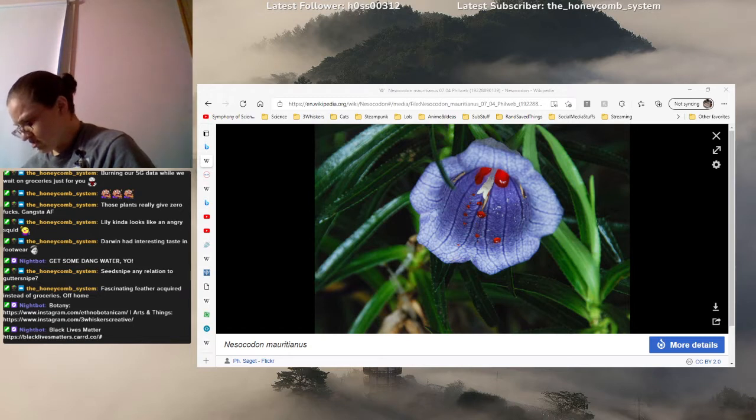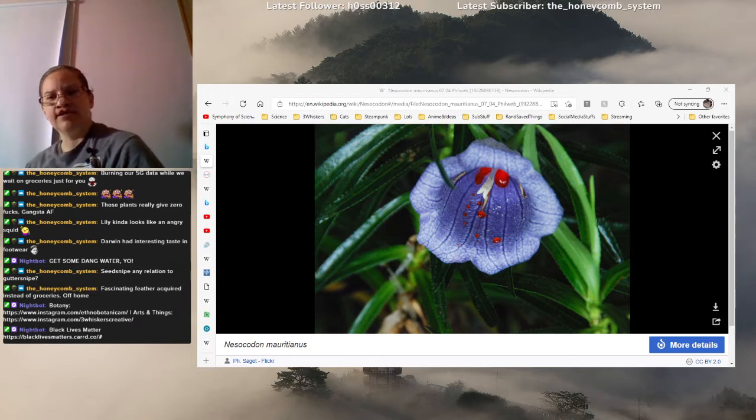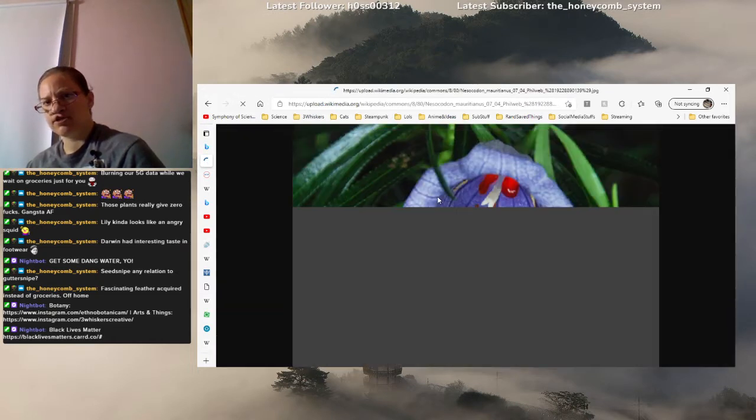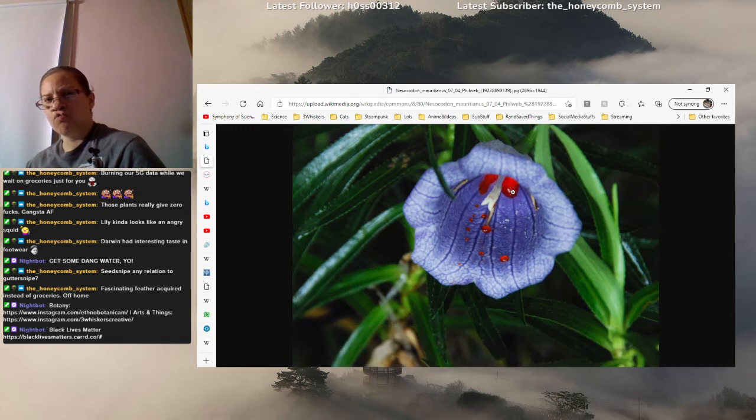And as you can see in here, we've got a lavender flower with bright red nectar. And scientists were trying to figure out why it was bright red. What is happening with that?